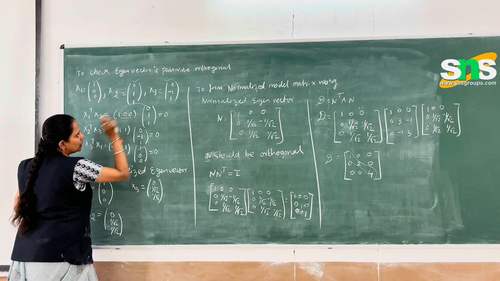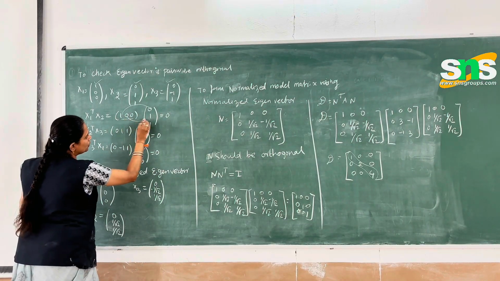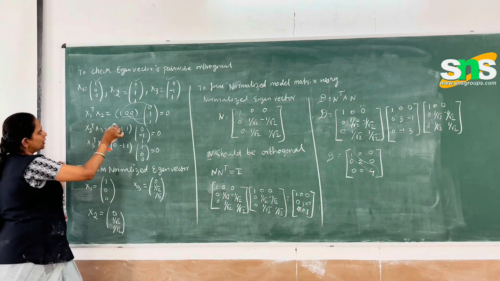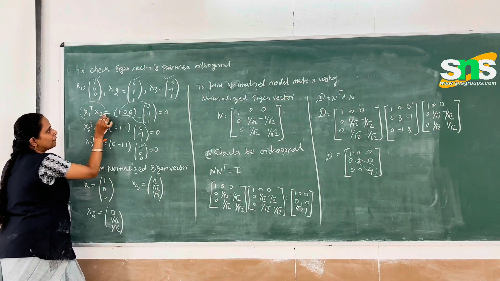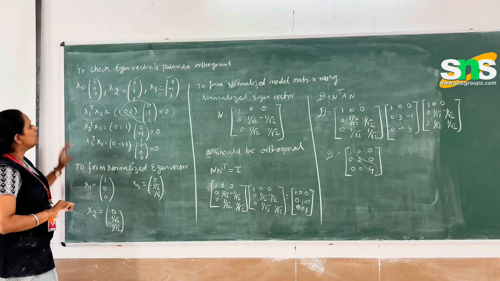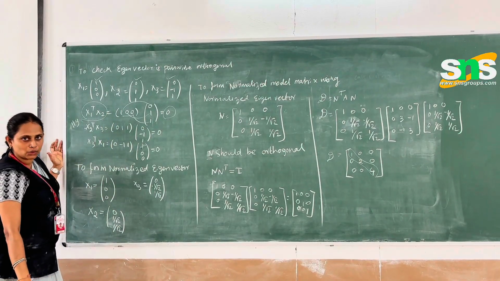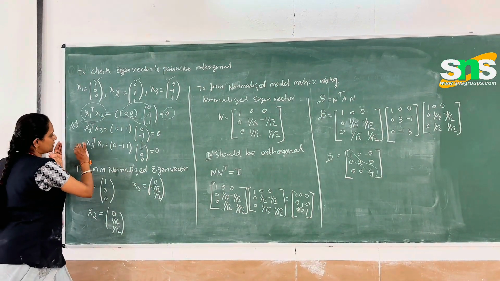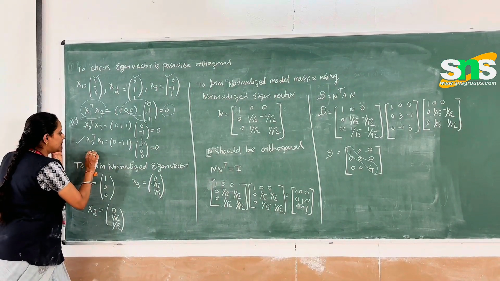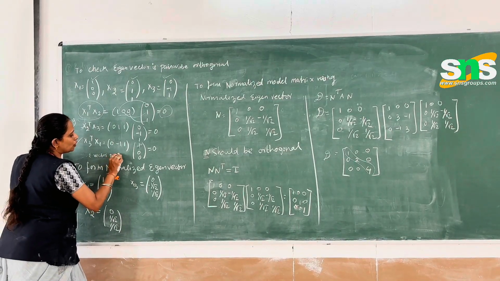So 1 into 0 is 0, 0 into 1 is 0, and 0 into 1 is 0. So the answer is 0. If the left hand side is 0, it is pairwise orthogonal. Similarly we check x2 transpose x3 equal to 0, and x3 transpose x1 equal to 0. Therefore the eigenvectors are pairwise orthogonal.